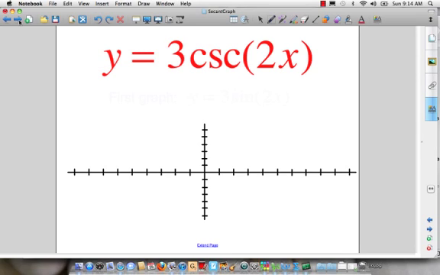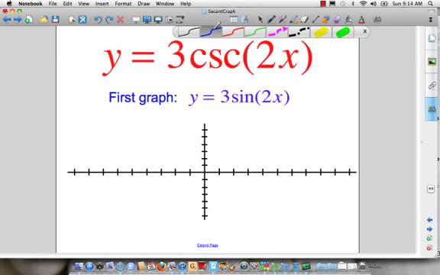If you were asked to graph 3 cosecant of 2x, what you're always going to do when you have secant or cosecant is first graph the corresponding sine or cosine wave. In this case, it's sine, because that's the reciprocal of cosecant. So first of all, I need to pick units.